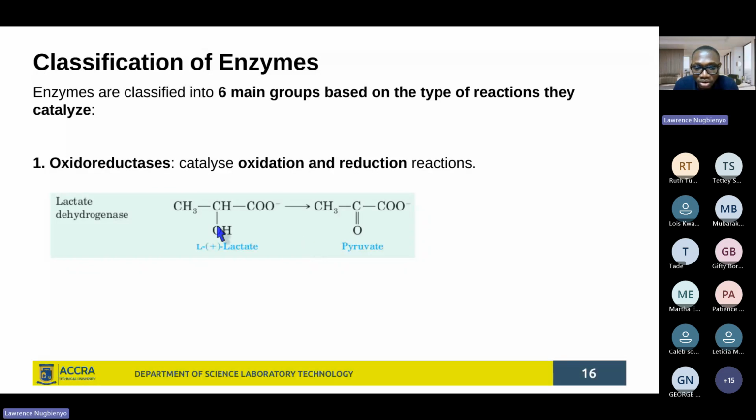Hydrogen is gone, and you now have just oxygen. It's an oxidation reaction. And the enzyme which is involved in catalyzing that reaction is lactate dehydrogenase. So lactate dehydrogenase is catalyzing the oxidation of lactate to pyruvate.